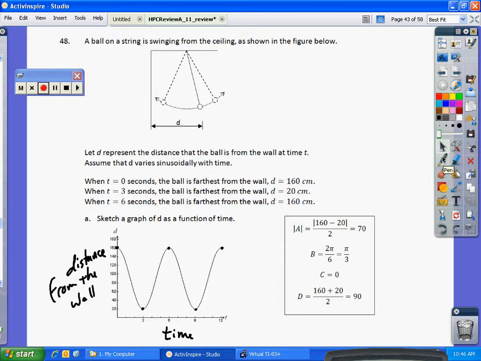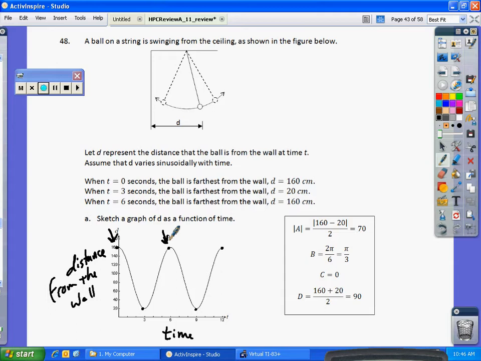To figure out B, I noticed that the period, to go from high point to high point, is 6 seconds. So the period is 6 seconds. If you remember, B is equal to 2 pi over P, period. So 2 pi over 6 is equal to pi over 3.